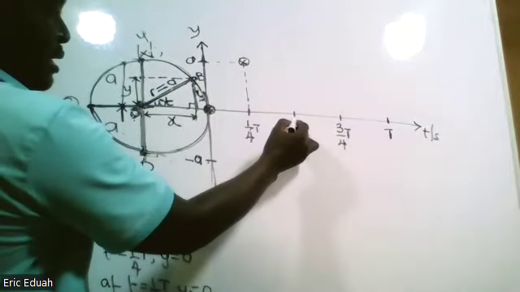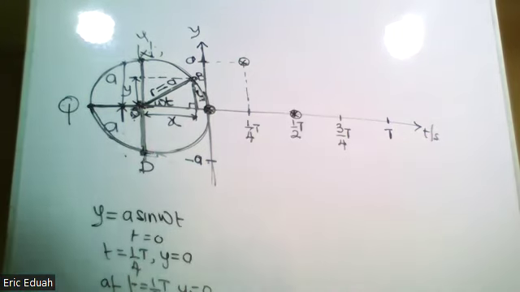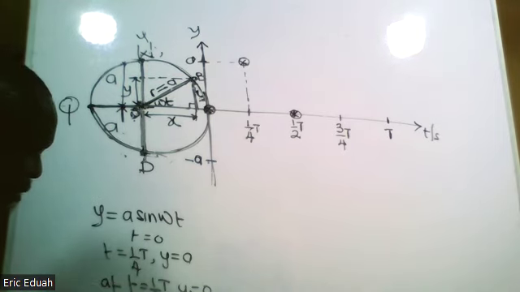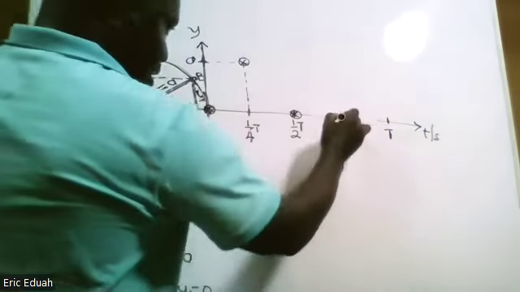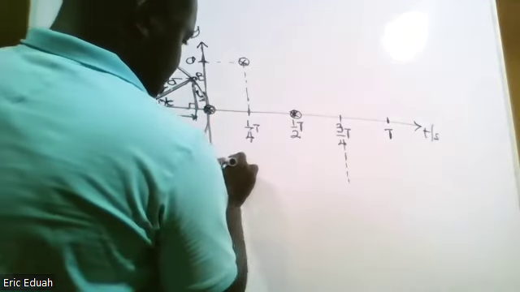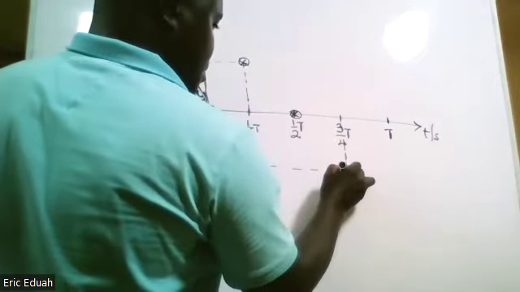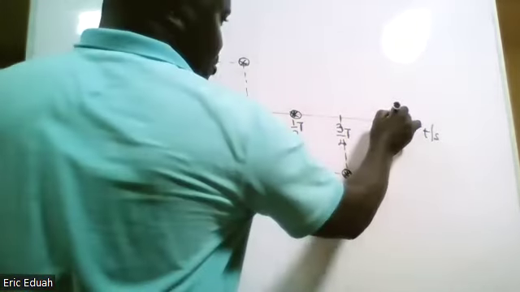At t equal to 3/4 of the period, we have the displacement equal to negative A. Then at t equal to T, the displacement is equal to 0.